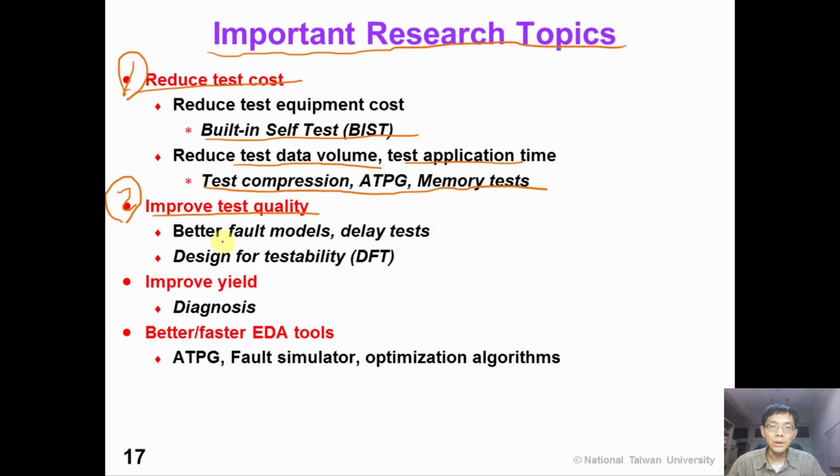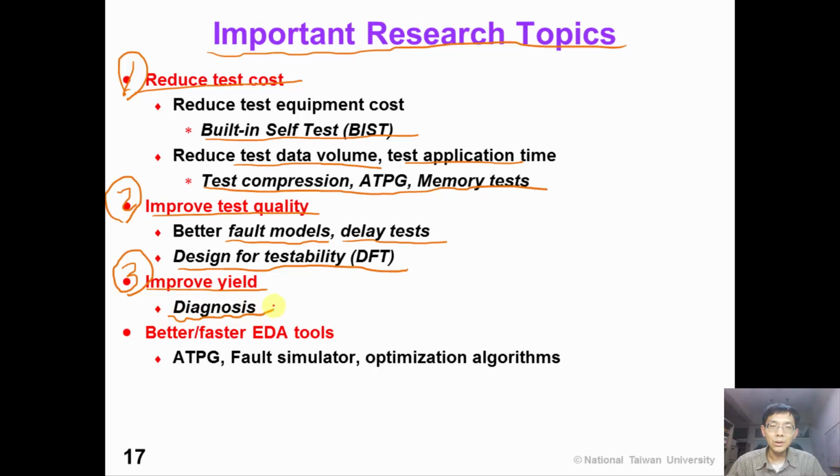For example, if we can have better fault model, we can improve the test quality. Or if we can improve the delay tests or design for testability, we can improve the fault coverage. The third important research topic is to improve the yield.